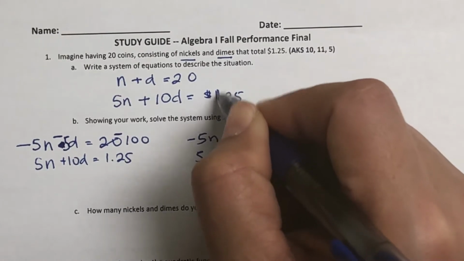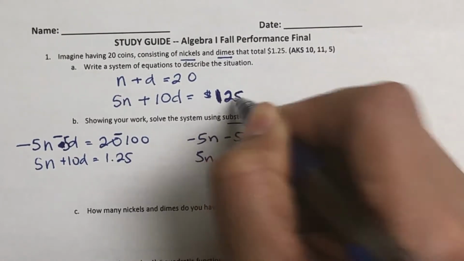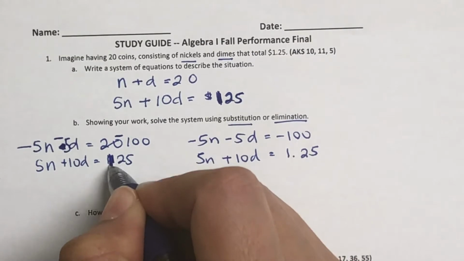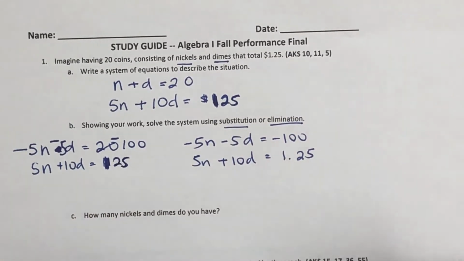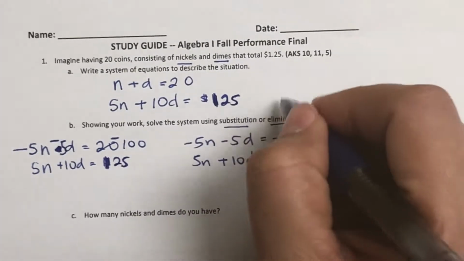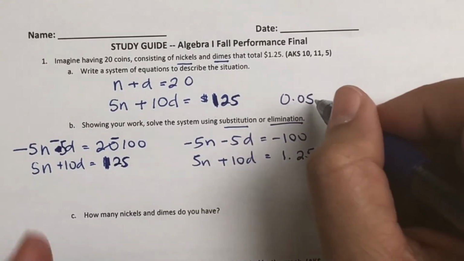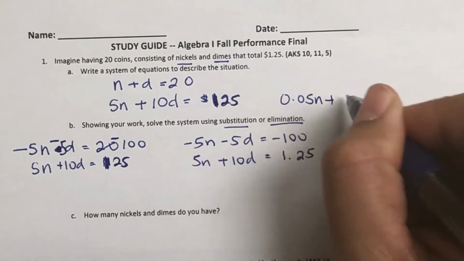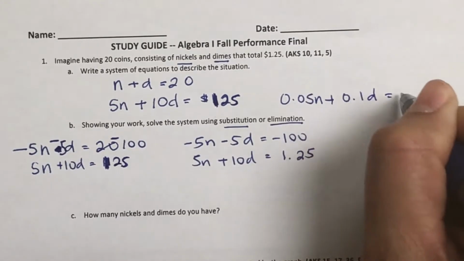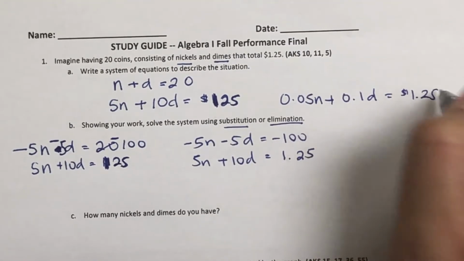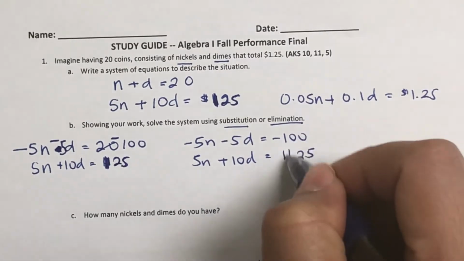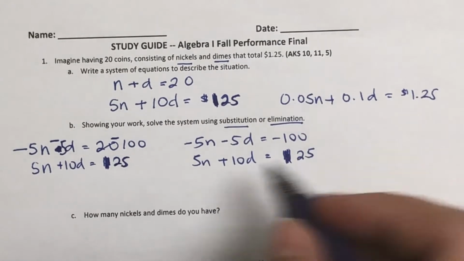So this will be just 125. If I wanted to write it as a decimal, it would be 0.05n, because that's what a nickel is in money, right? And plus 0.1d equals 1.25. My bad. Okay, so this one is 125. So the numbers are whole numbers.